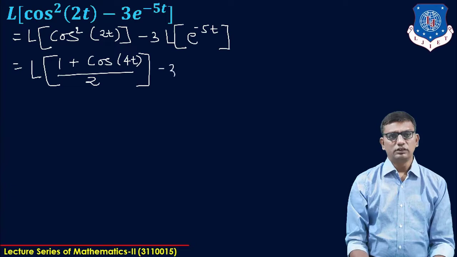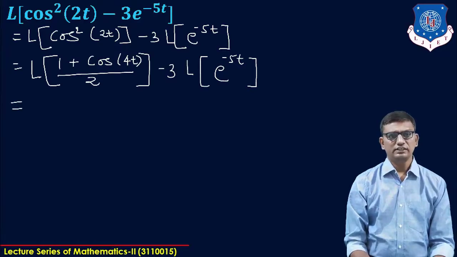Now our second term is as it is, and the Laplace of e raised to minus 5t is well known. Now we take the 1 by 2 common outside, then it can be written as 1 by 2 Laplace of 1. We know the Laplace of 1. We apply the direct formula here.